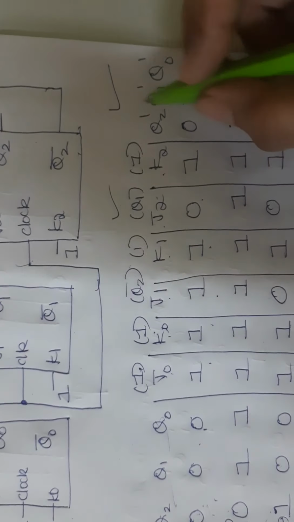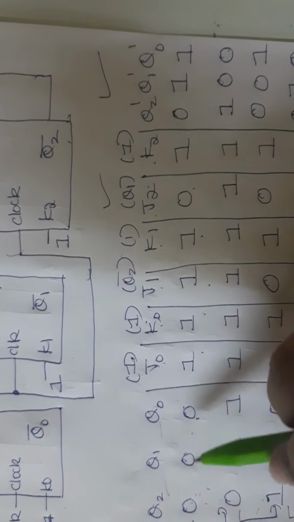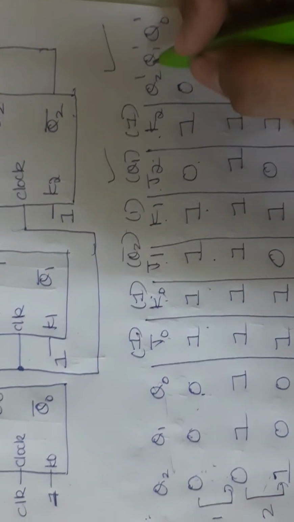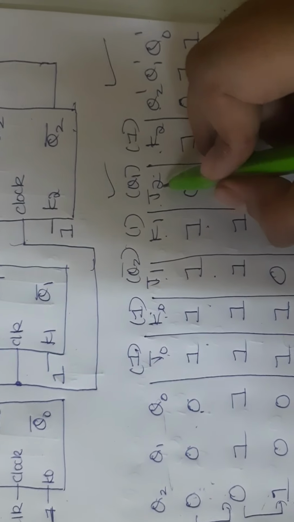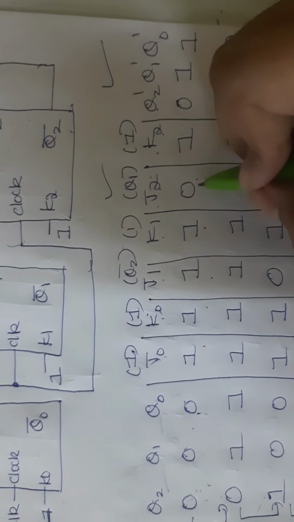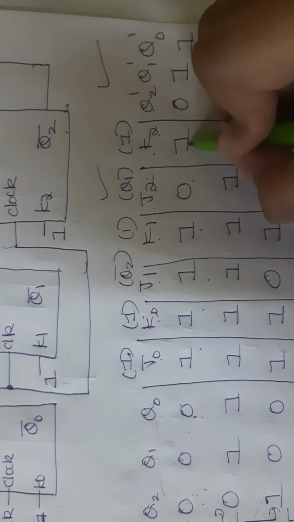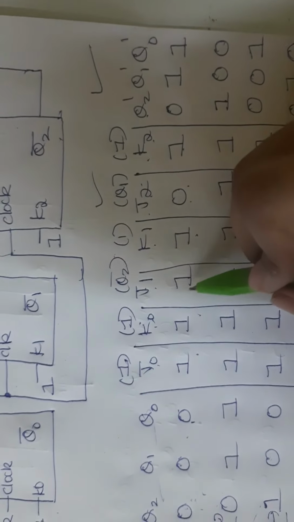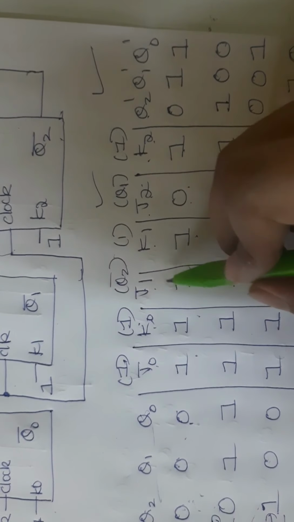Now the next Q2 will be 0, 1, 1. How? Let's see. Q2 will depend on the values of J2 and K2. So as we saw, if it is 0, 1, the value is 0. Q1 will depend on the values of J1, K1.